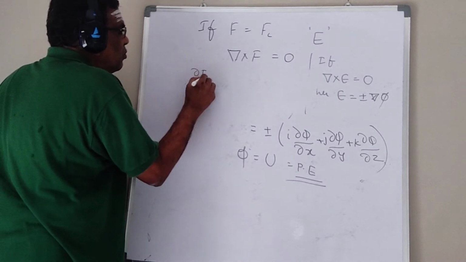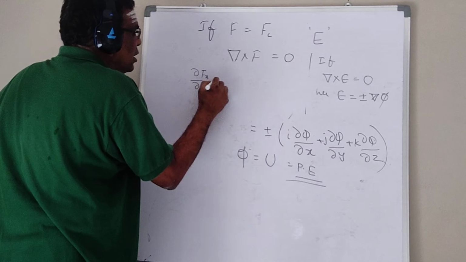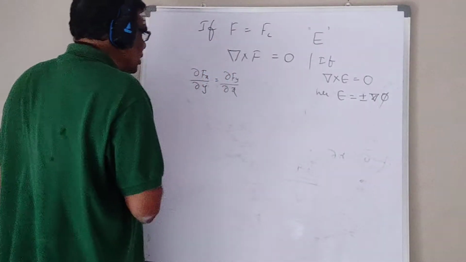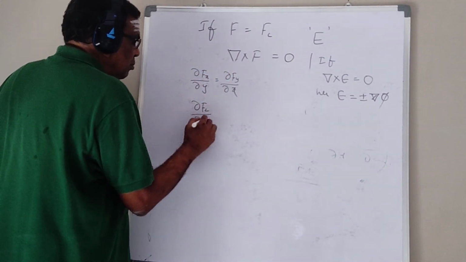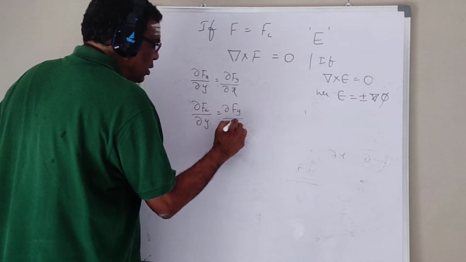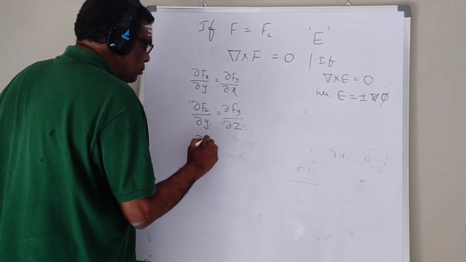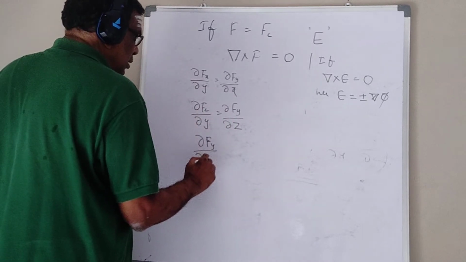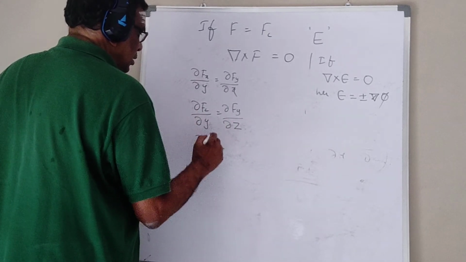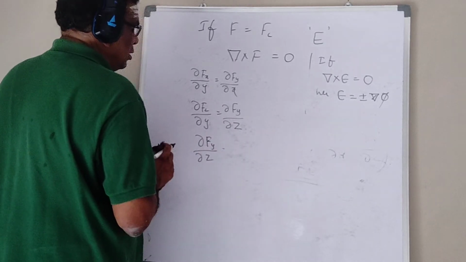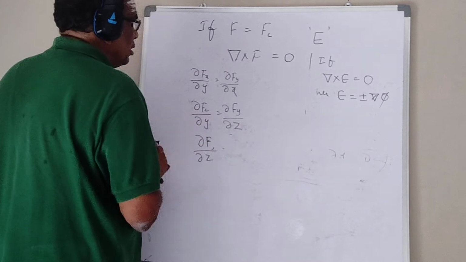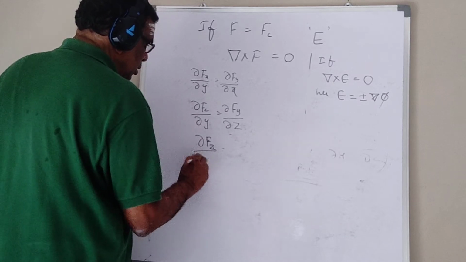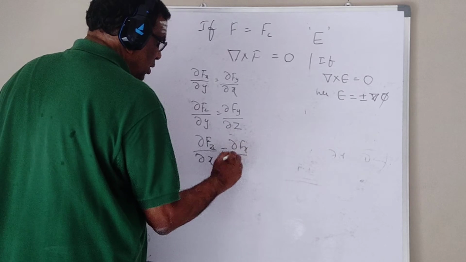I told you, dou Fx by dou y is equal to dou Fy by dou x, if they give F as an xy function, or dou Fz by dou y is dou Fy by dou z, or dou Fz by dou x is equal to dou Fx by dou z.